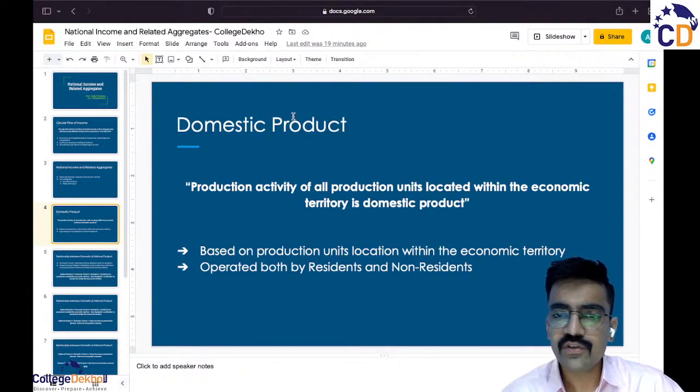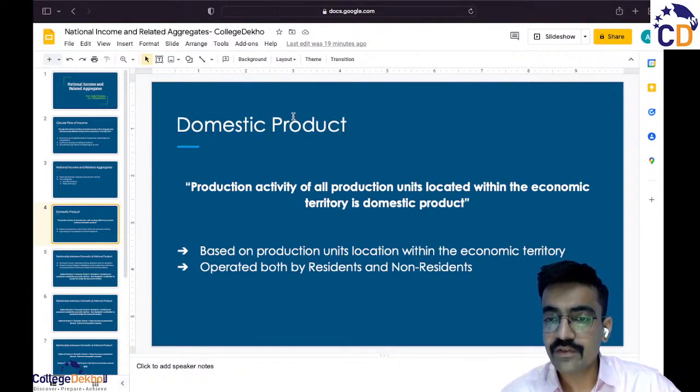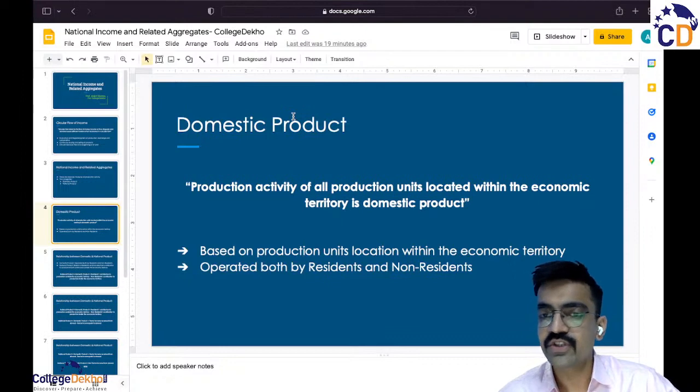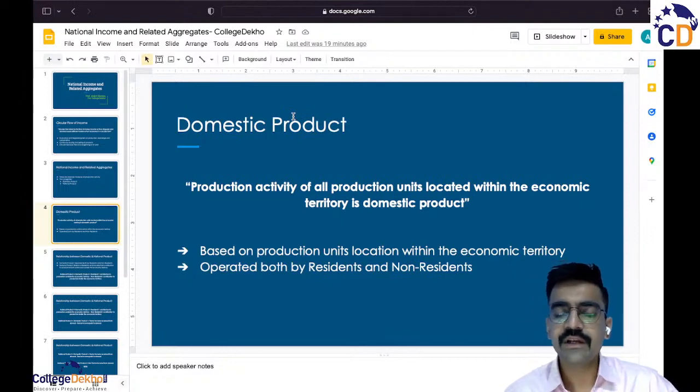Since the production is going on in this economic territory, let us say that the production is going on in India, and if a production process is going on, then it cannot happen that it is going on without the use of raw materials or without the use of services, right?